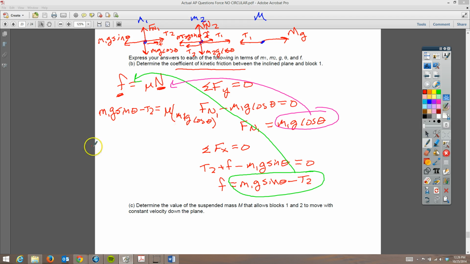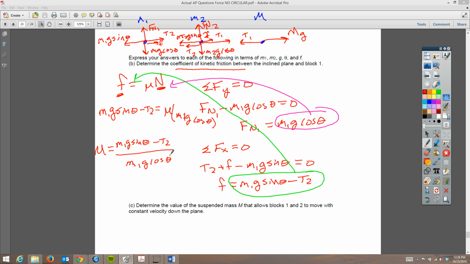So at this point we need to get mu all by itself. If we want mu by itself, we've got to divide both sides by m1g cosine of the angle. So I'm going to have m1g sine of the angle minus T2, and that whole thing is over m1g cosine of the angle.